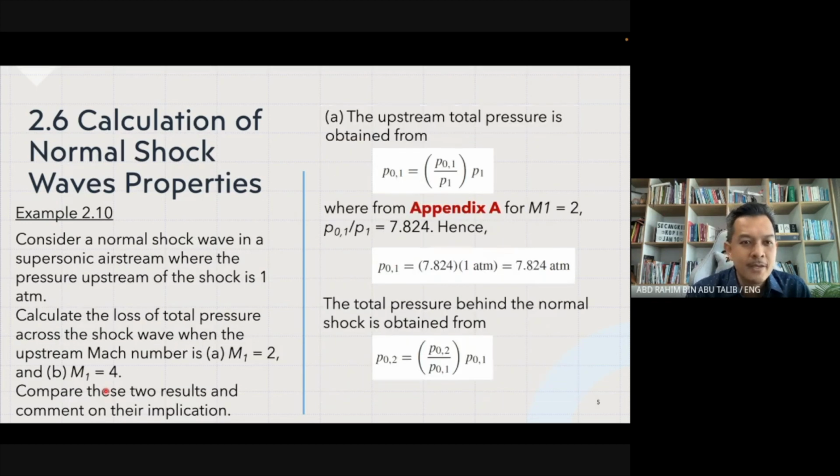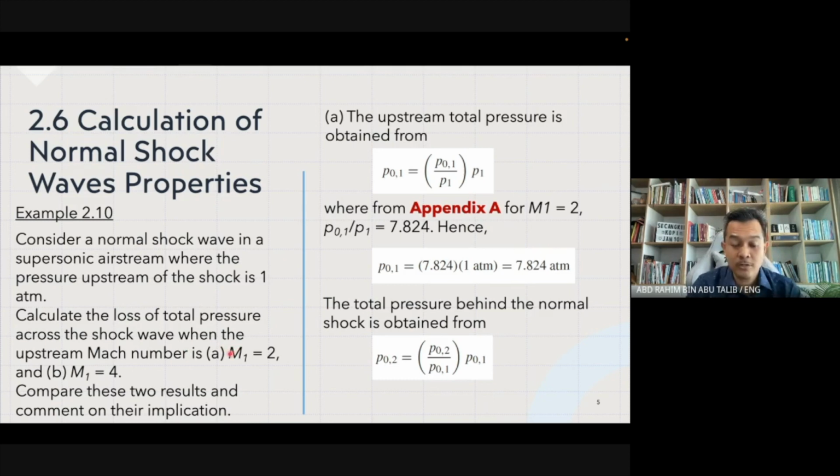Okay, let us move into the next example, example 2.10. Okay, now we need to consider a normal shock wave in a supersonic airstream where the pressure upstream of the shock is given as 1 atm. All right, so upstream 1 atm, and you have to now calculate the loss of total pressure across the shock wave when the upstream Mach number is given.